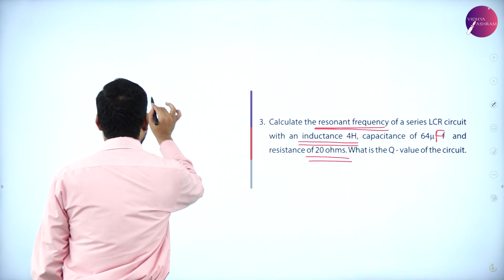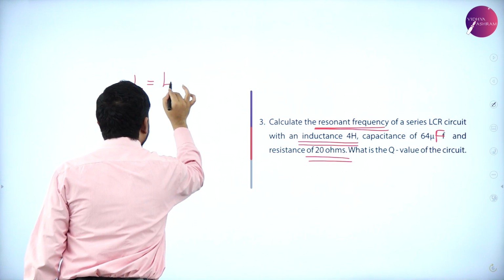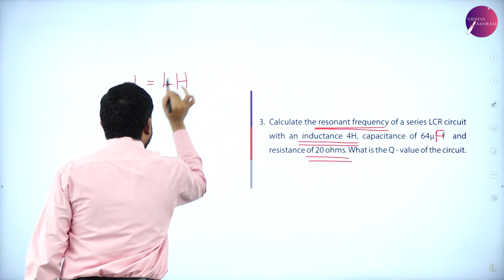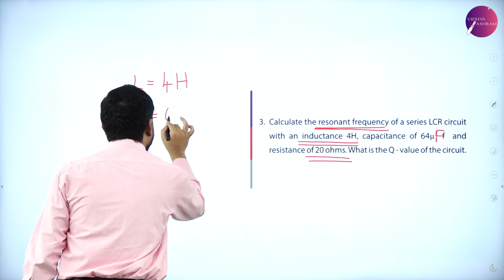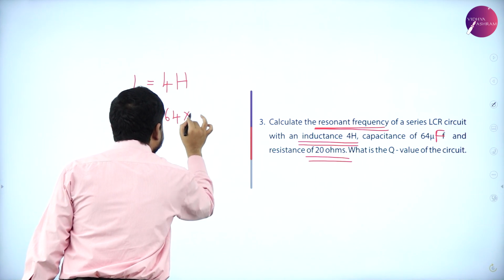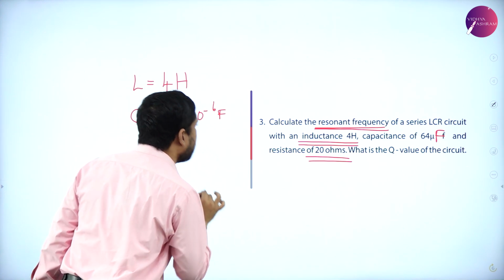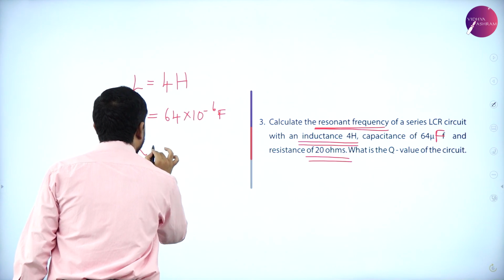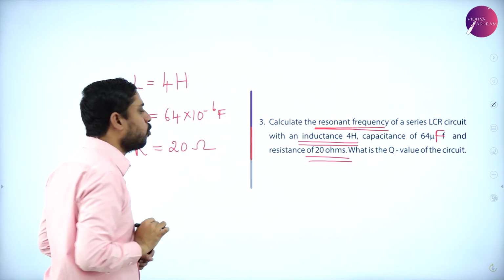Now, the inductance is given to be 4 Henry. Capacitance is given to be 64 into 10 power minus 6 farad. Resistance is 20 ohms.